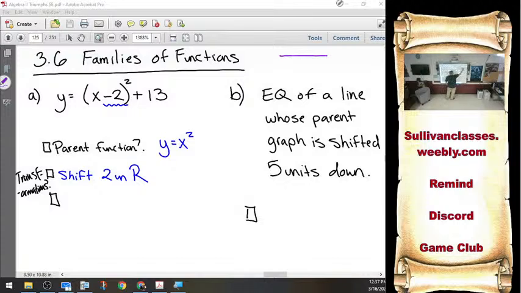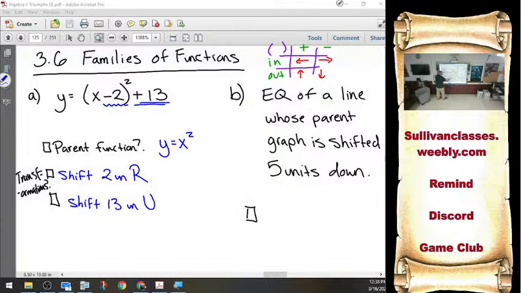We should all have that little cheater chart that says, with our parentheses, if it's positive or negative, if it's inside or outside, tells me if it's inside, that's left and right, and it's backwards. If it's outside, then it's up-down, and it's regular. That's why we made it. Also, positive 13 on the outside tells me I will shift 13 units up.